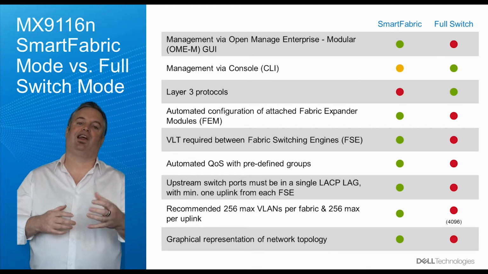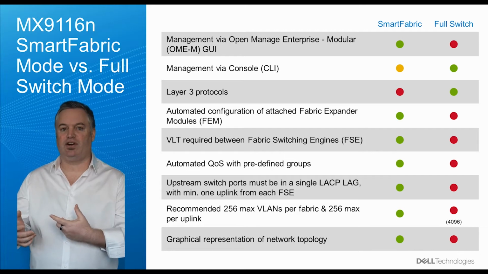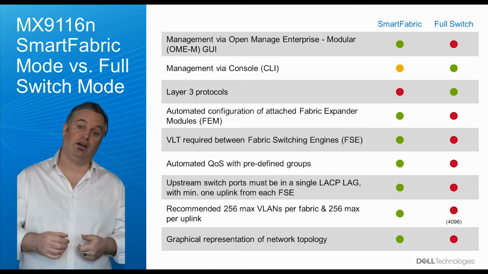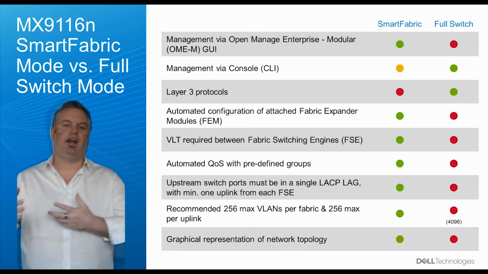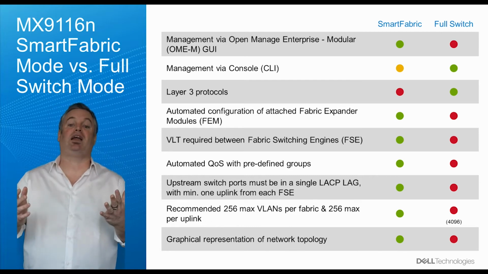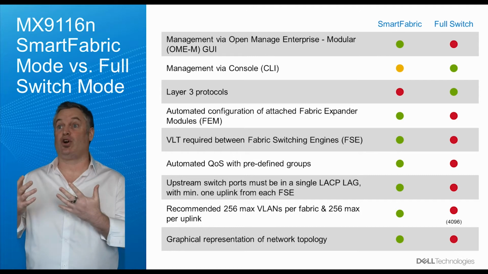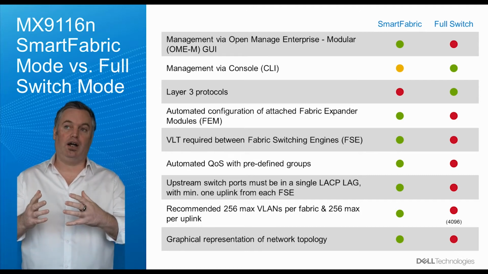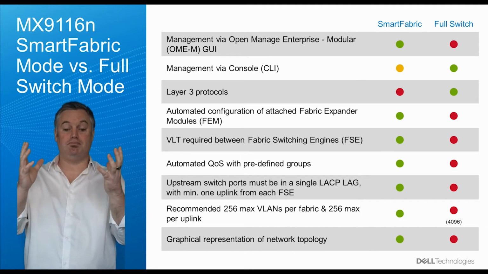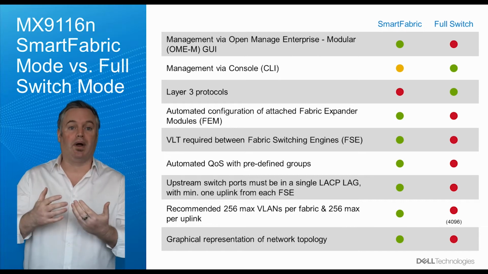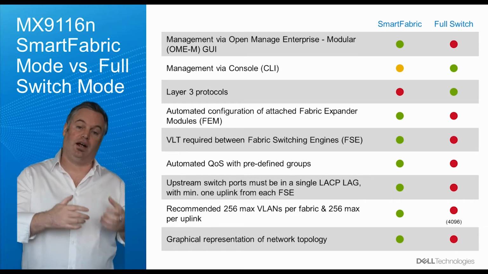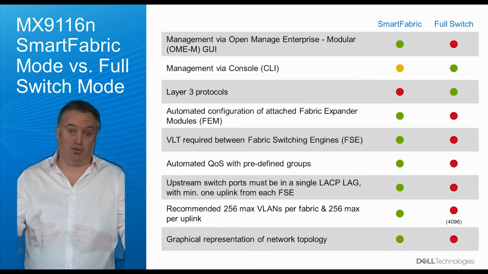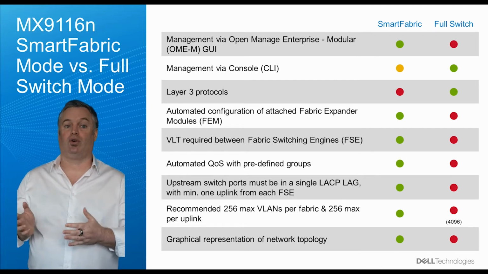It provides an integrated and elastic fabric for our CI, HCI, and MX solutions. And overall, it's designed to simplify the management and to automate data center fabric creation and ongoing management. So I'm not going to go through everything in the table here.